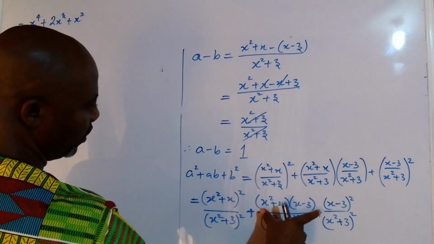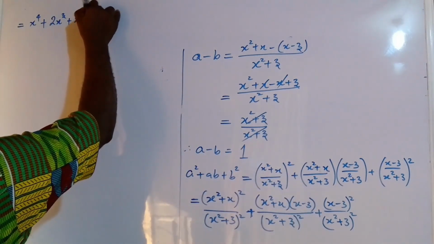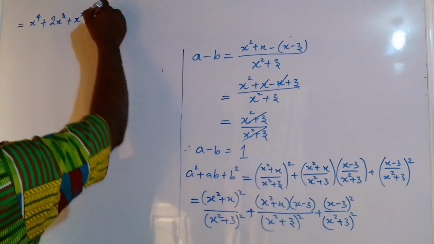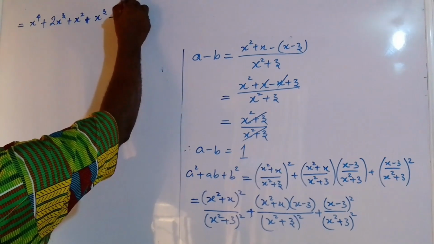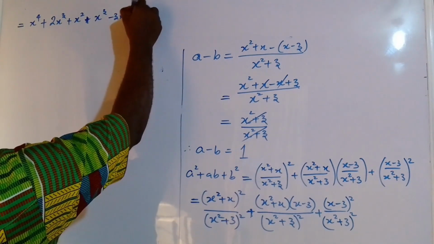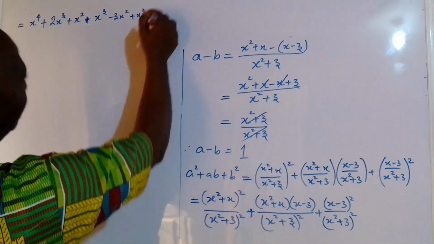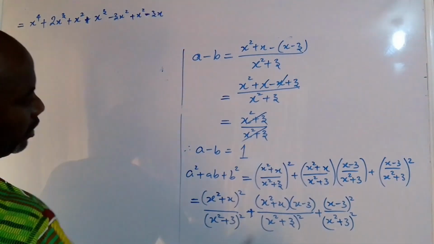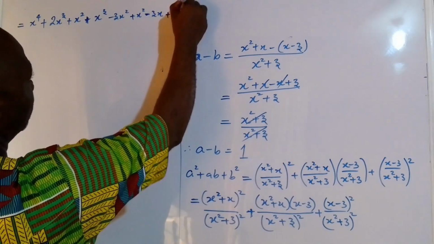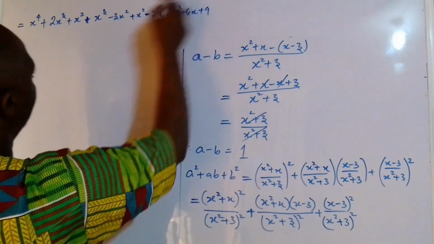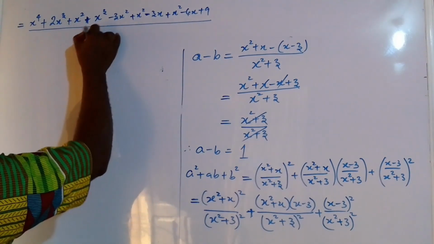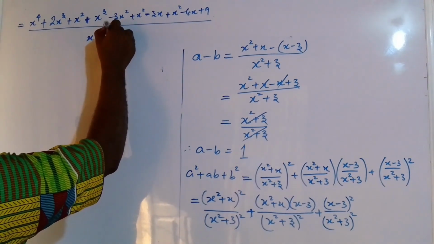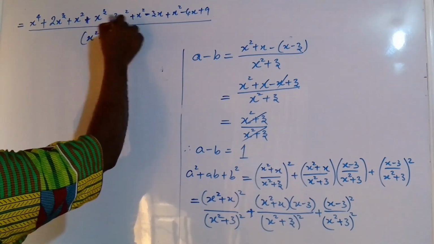Alright, so once we expand this, we will get x cubed minus 3x squared plus x squared minus 3x. And then for that, we are going to get x squared minus 6x plus 9 all over (x squared plus 3) all squared.